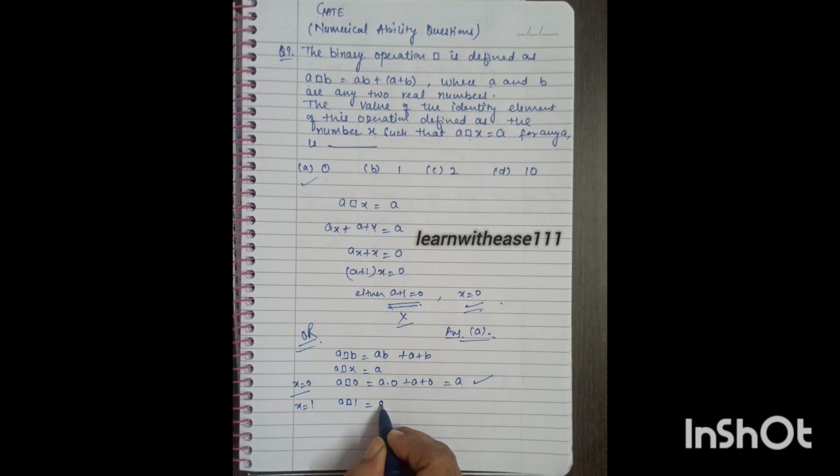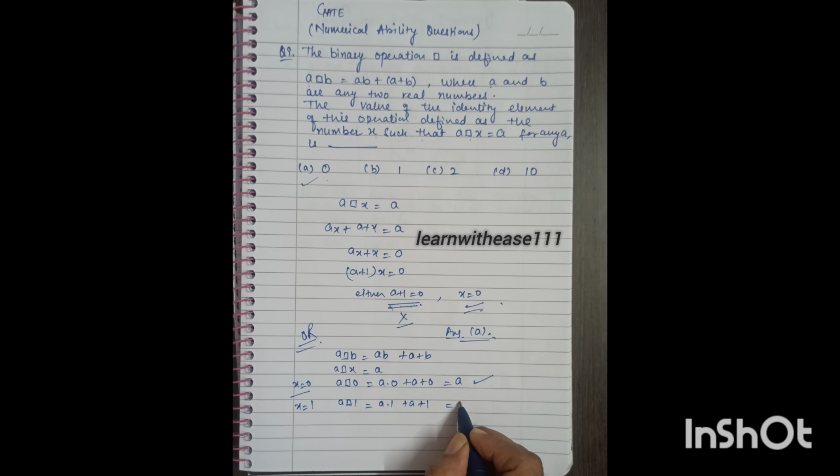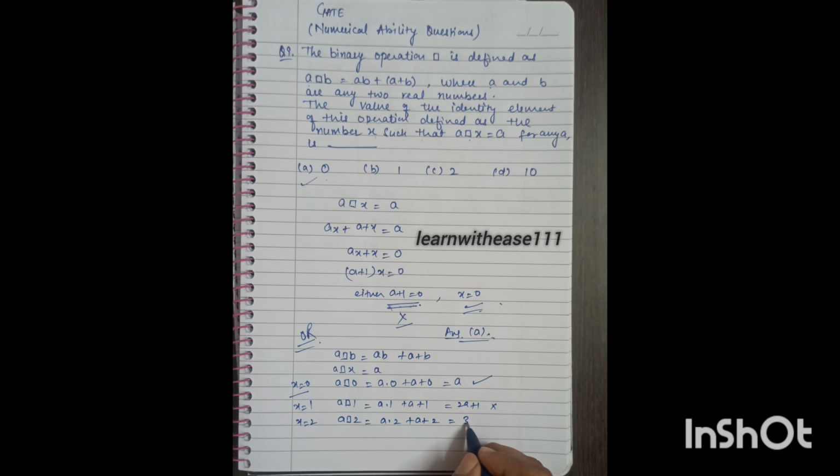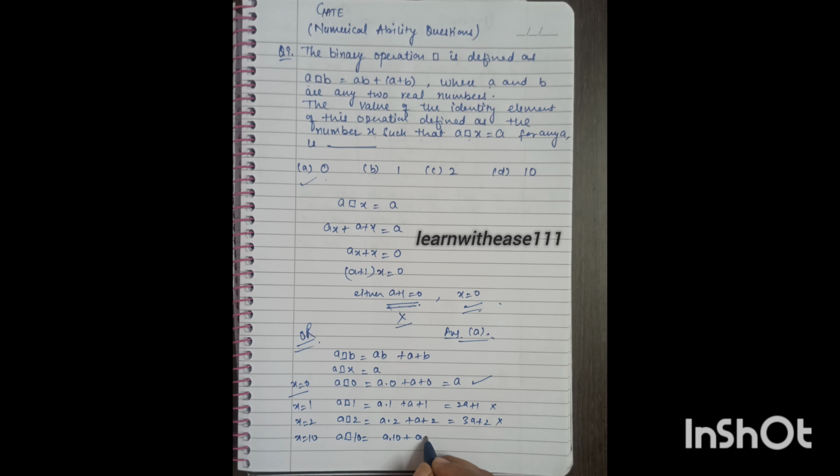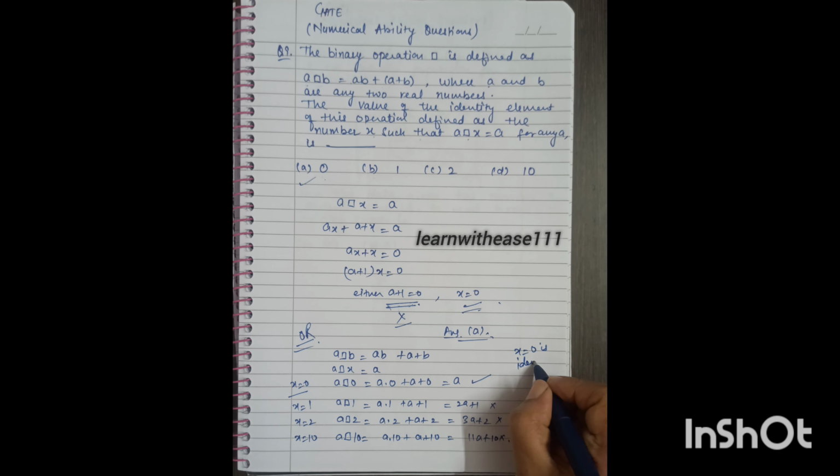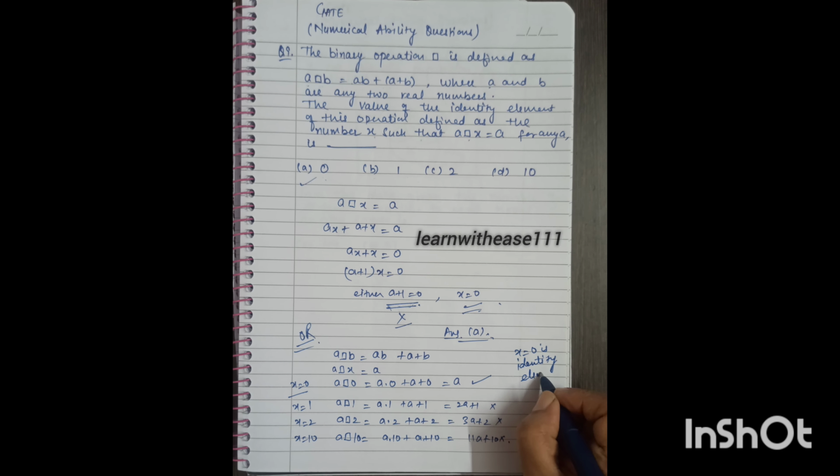You can check that the rest of the 3 elements are not working as the identity element. You won't get a whenever we operate it with 1, 2 and 10, which are the given options. So only x = 0 satisfies the definition of identity element. So x = 0 is the only option here.